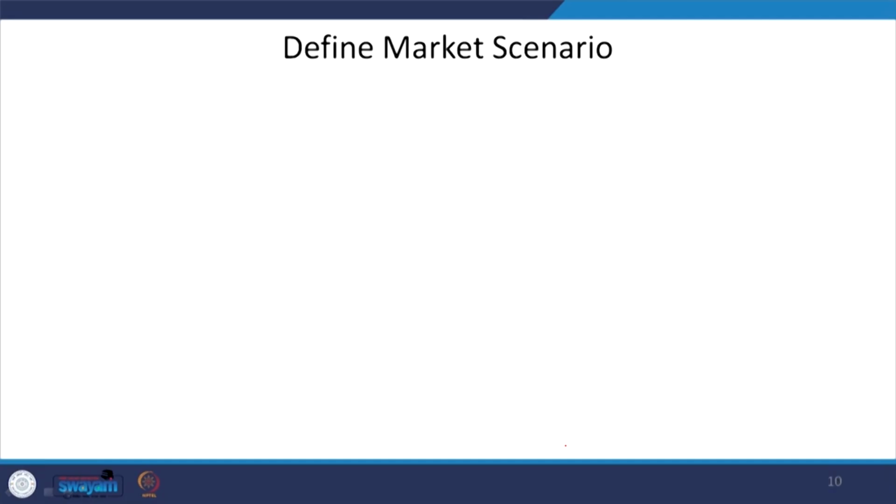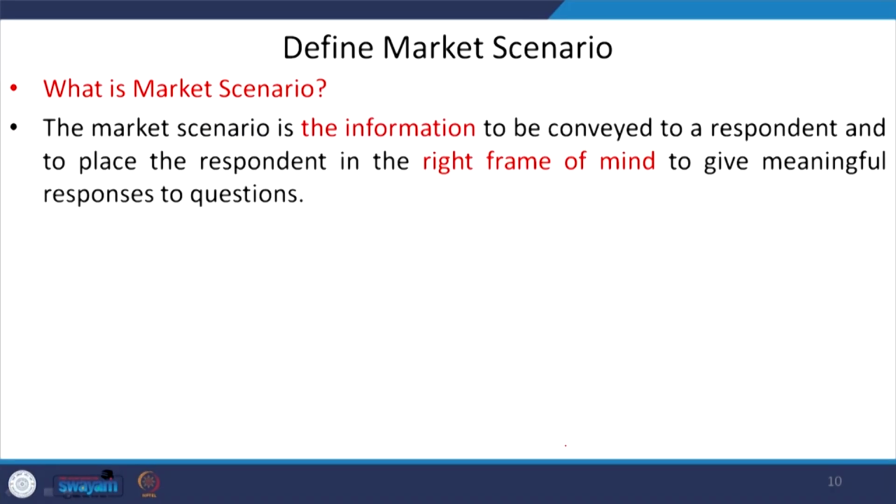Let us understand the first component, that is defining the market scenario. What exactly do we need to do here? What is the market scenario we are talking about? In the market scenario, we have the information that needs to be conveyed to the respondents whom we are questioning, and then place these individuals in the right frame of mind, so that they will give meaningful responses to the questions posed.